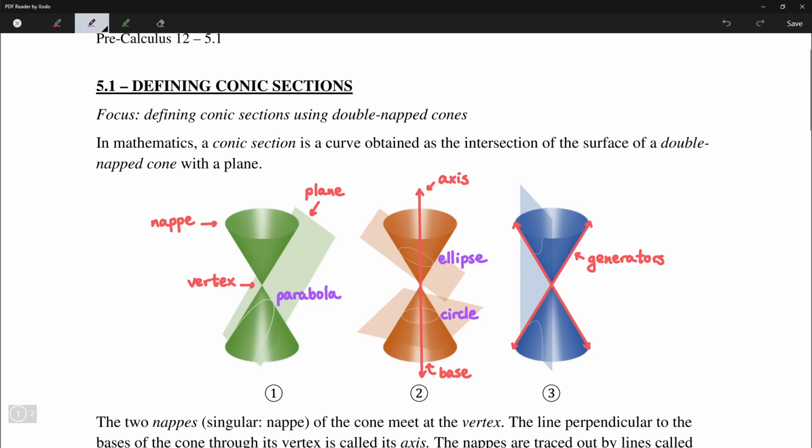And we have a fourth type of conic section here with two parts, and including both parts in the definition, we have what's called a hyperbola.